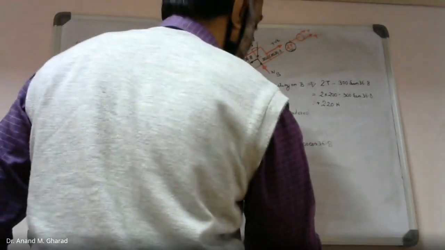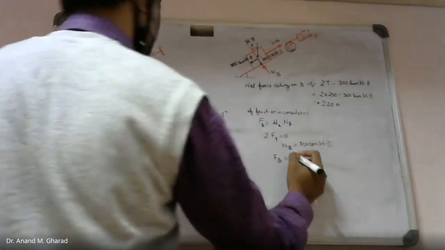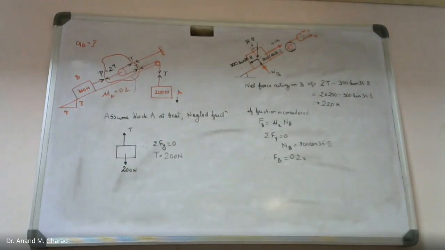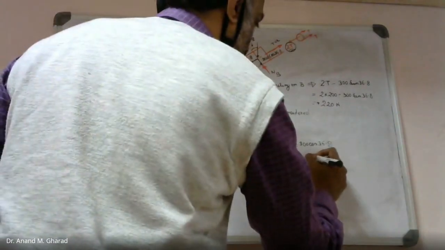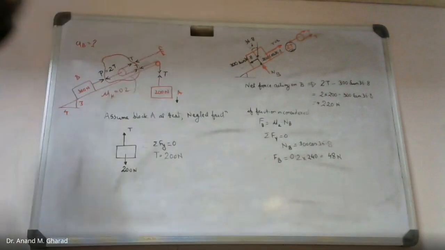Can you please let me know what will be the value of FB? Mu K is given as 0.2 times NB, is it 240? So it will be 48 Newton.